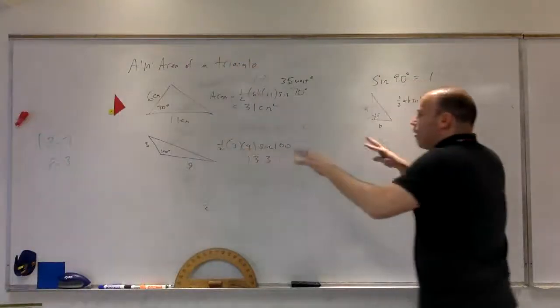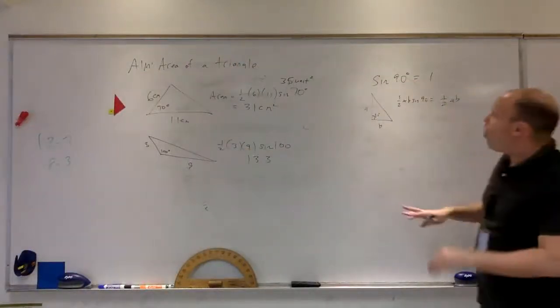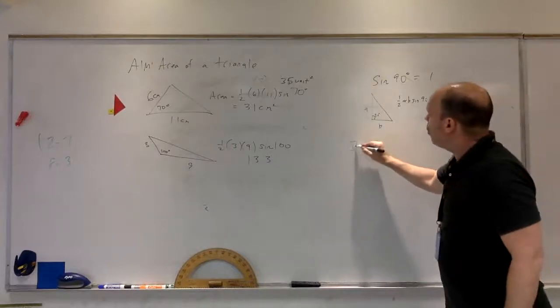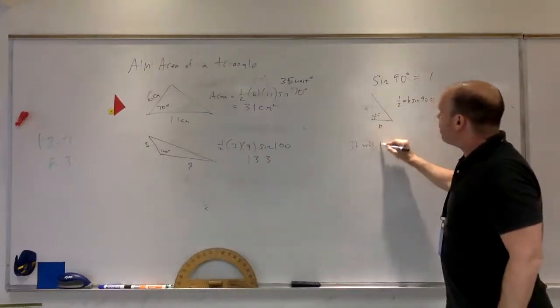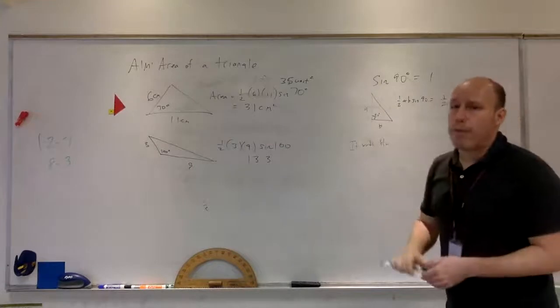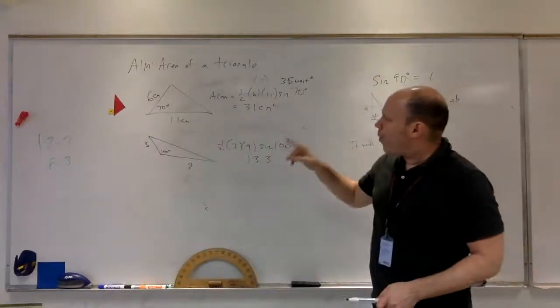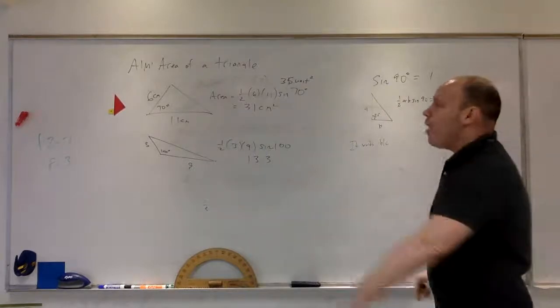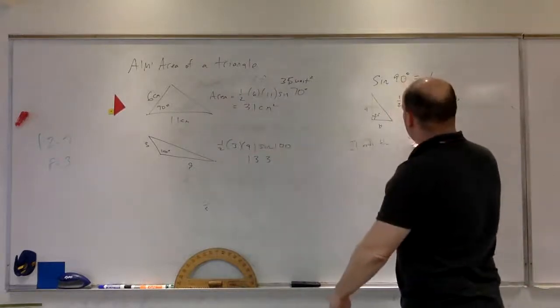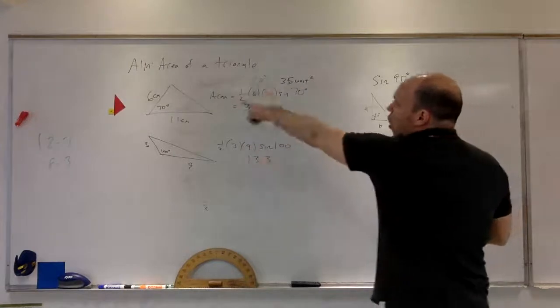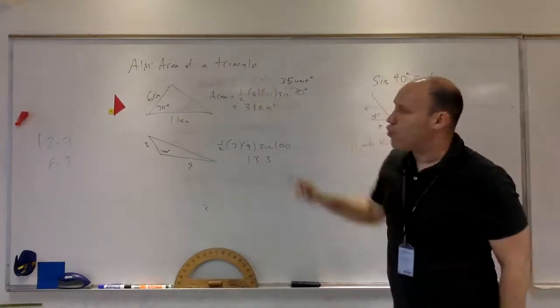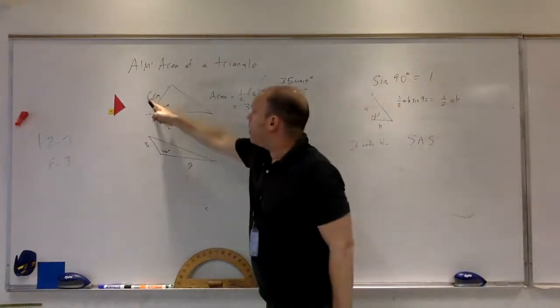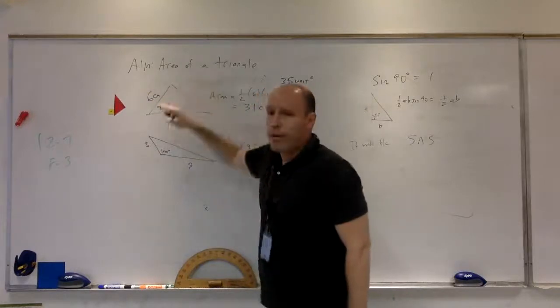Another thing I want to say: why does this work? Well, if you recall from your geometry class, when we were trying to prove triangles congruent, one of the ways was side angle side. It's all because of side angle side. There's no other triangle that I can draw, a 6, 70, 11, that looks different from this.